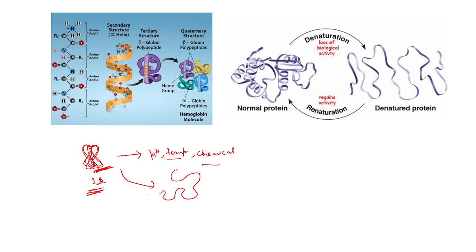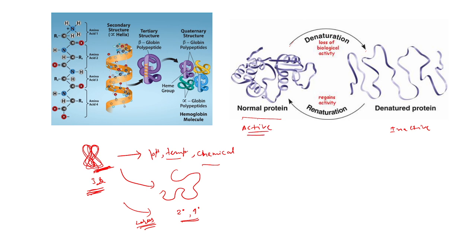When it is unfolded to the secondary or the primary structure, then the activity is lost. So let's say this is the normal protein. After the unfolding, now it is the inactive one, and this is the active one.